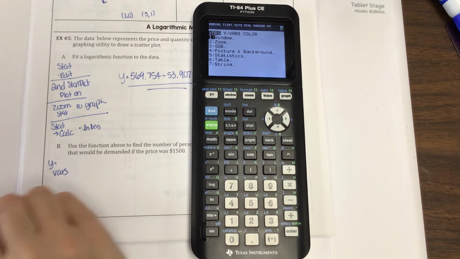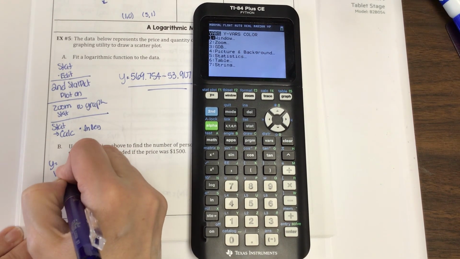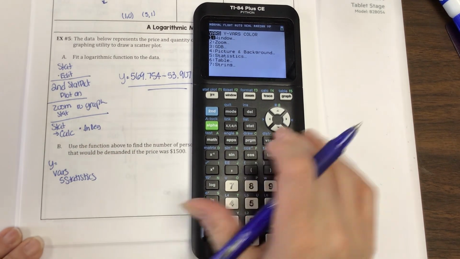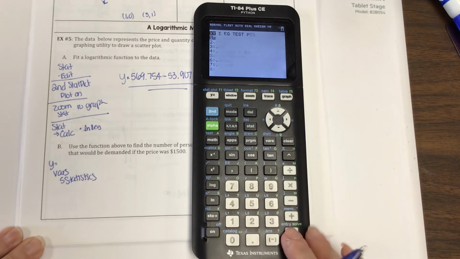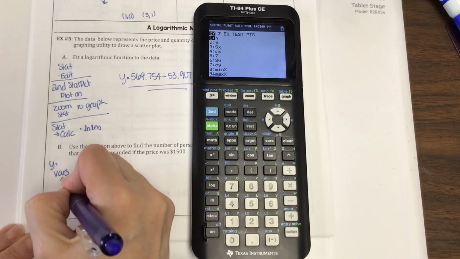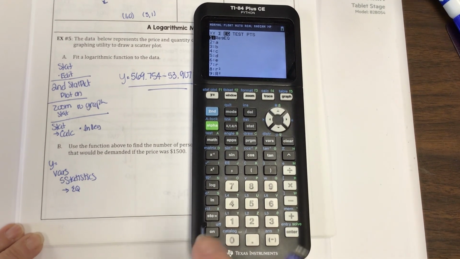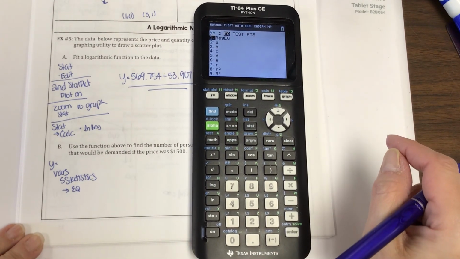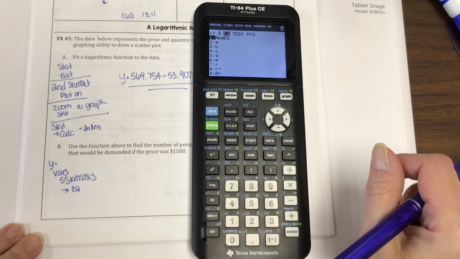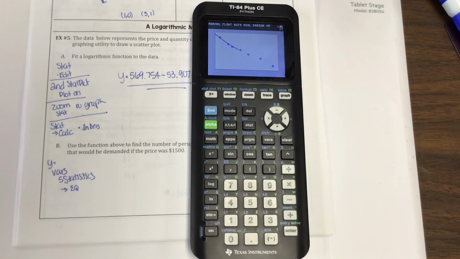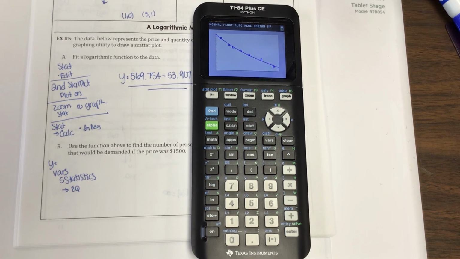And you go to 5, which is statistics. And you go over to EQ. That regression equation is what we want there, right? Yes? So EQ and hit enter. That regression equation is now in your y equals, yes? If you hit graph, it graphs it for you, yes?